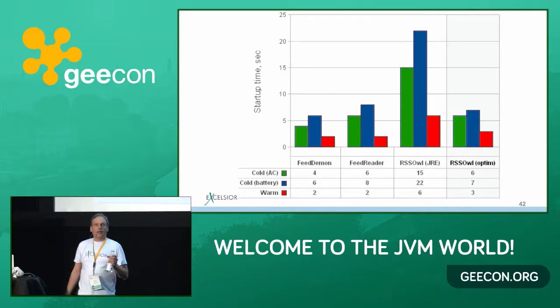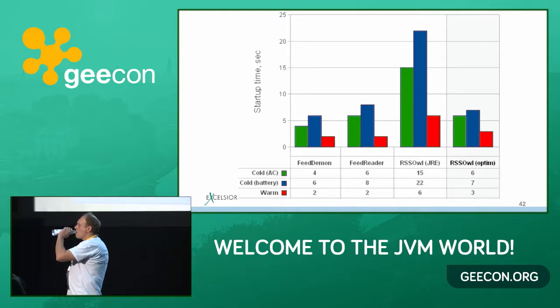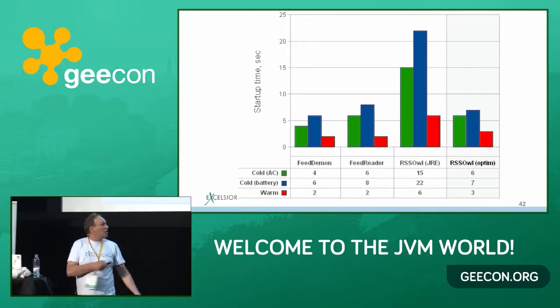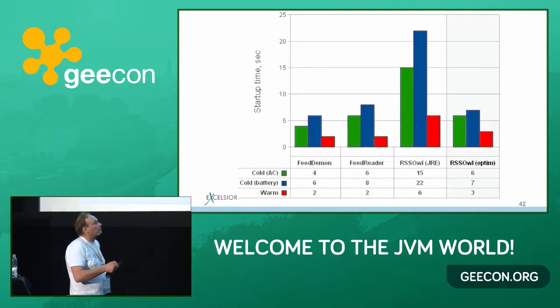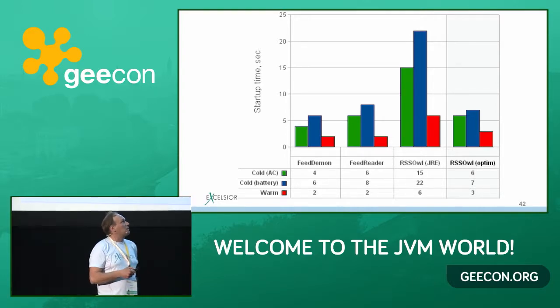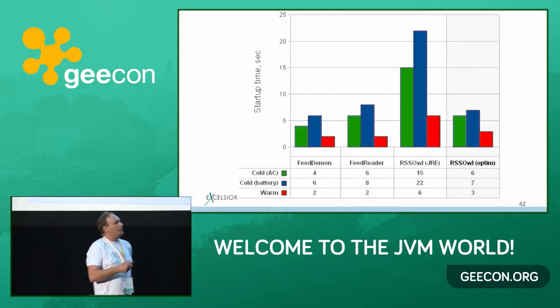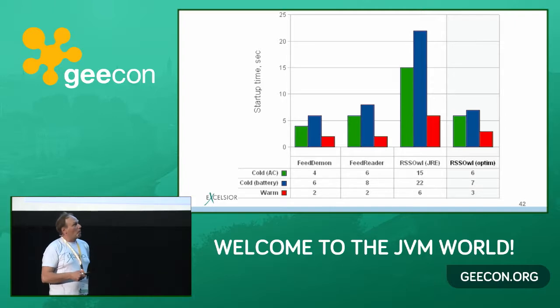On this slide, you can see startup times of 3 applications of similar functionality. All of them are RSS readers. The first 2 applications are native Windows applications written in Delphi and C++, and the third one is a Java application. The third group of bars presents the startup time of the Java application running on a conventional JVM, while the fourth group of bars presents the startup time of the same Java application running statically compiled.